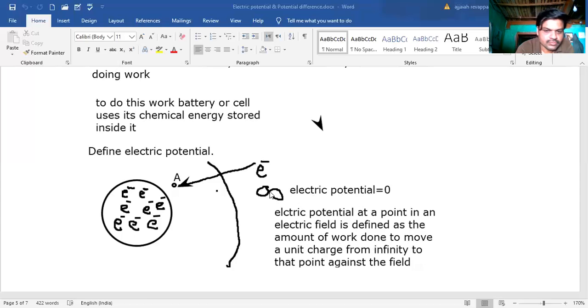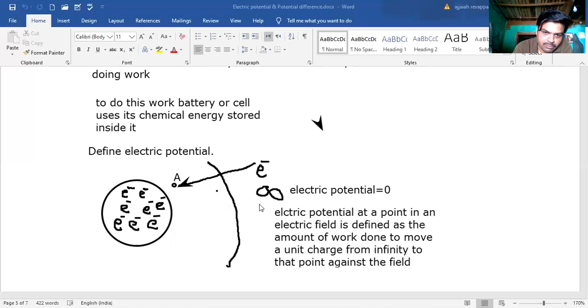Now, in the definition of electric potential, electric potential at a point in an electric field. See, this is a point A. I have marked here a point A in the electric field. This point is inside the electric field. Electric potential is defined as the amount of work done to move a unit charge from infinity to that point against the field.